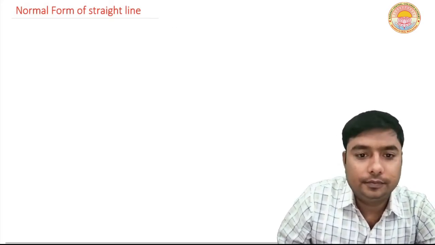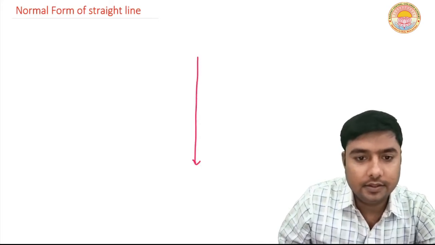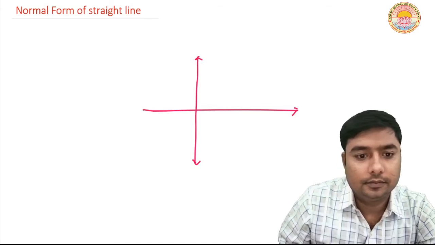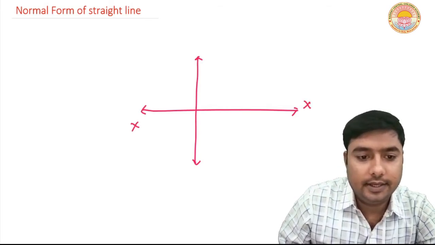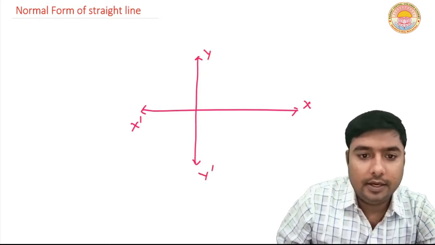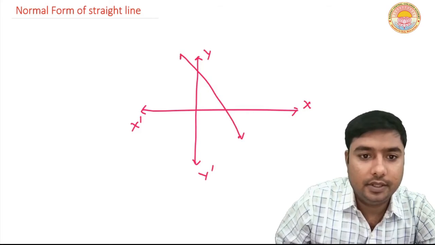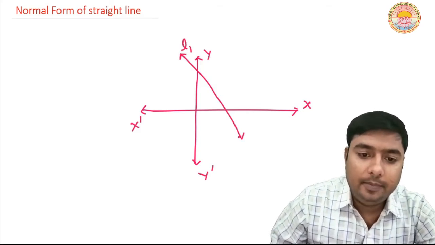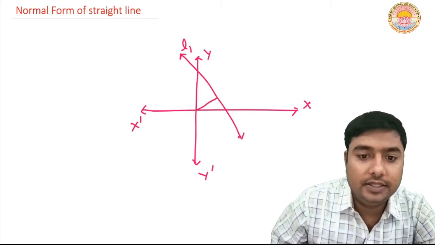Suppose this is the Cartesian plane, with x dash and y dash, and a line L1. The perpendicular length from the origin to the line is this.